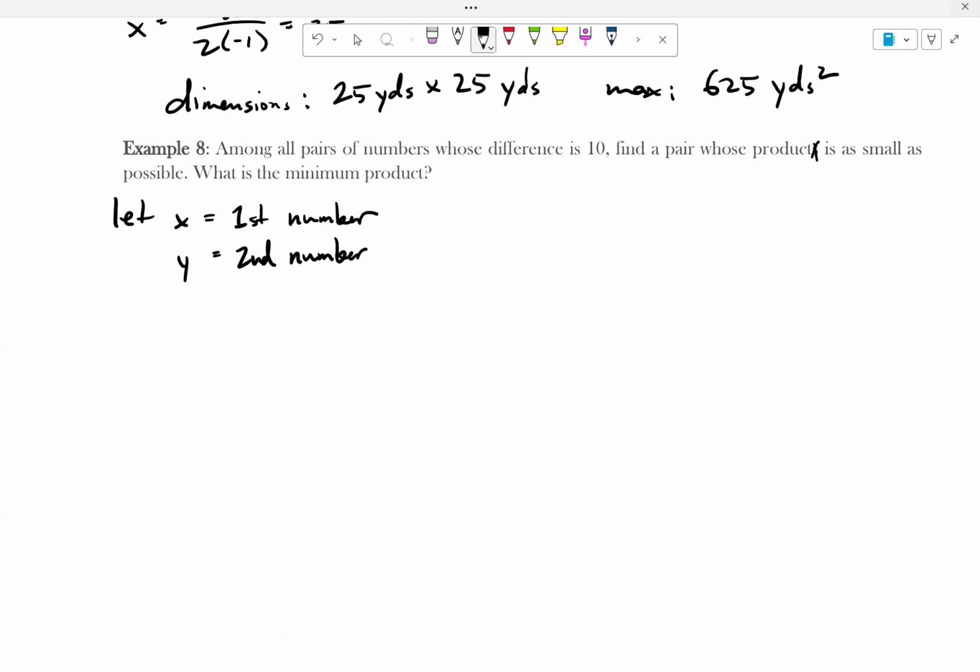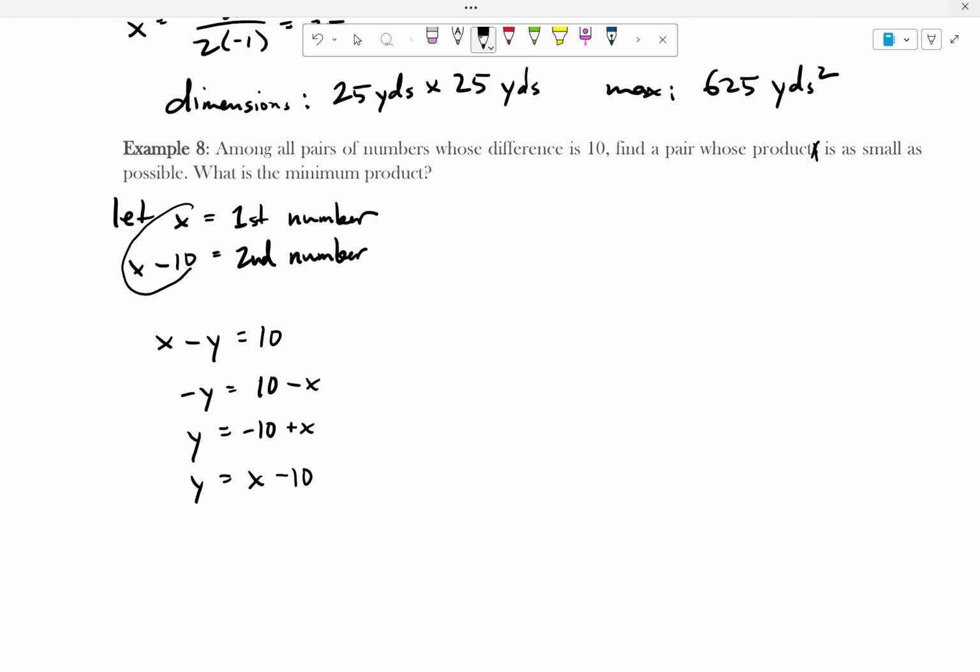If the difference is 10, doesn't that mean that x minus y equals 10? By definition, the difference is 10. Now I don't want that y in there, so I'm going to solve for y. Negative y equals 10 minus x, or y equals negative 10 plus x, which is also y equals x minus 10.